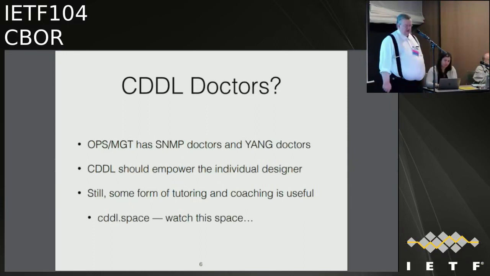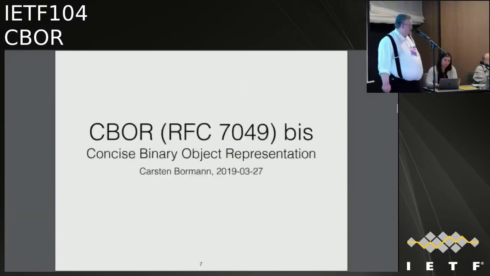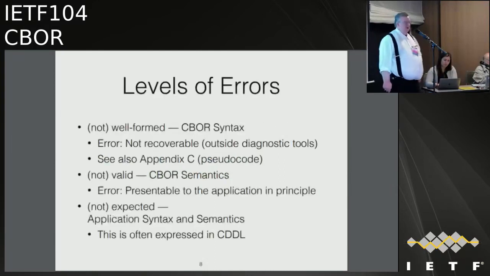Okay, I think that's all I have on CDDL. Now the CBOR bis part. I think the major advance we have made in the last couple of months is that we now have a pretty well understood separation between three levels of errors, two of which are at the CBOR level and one is at the application level.